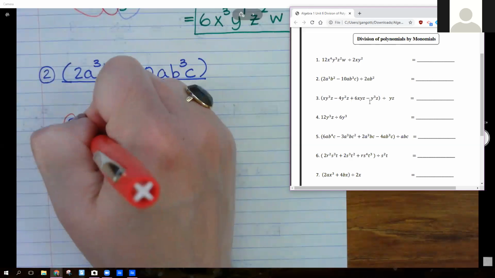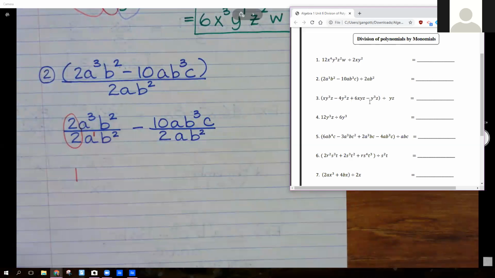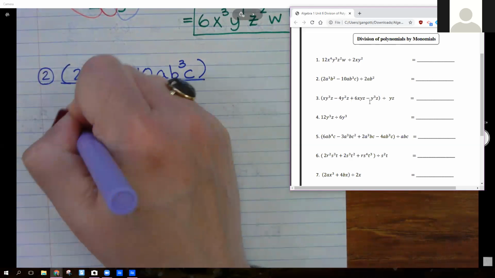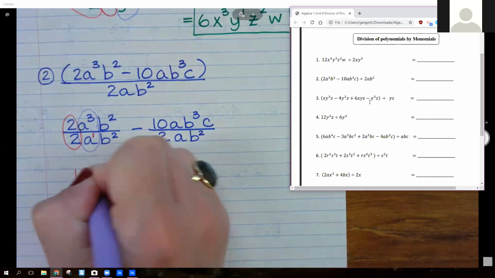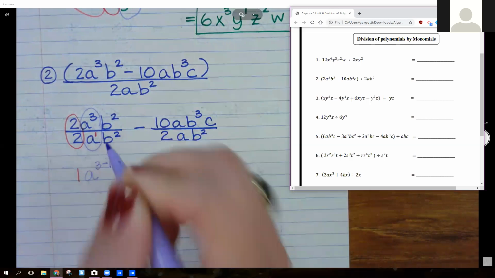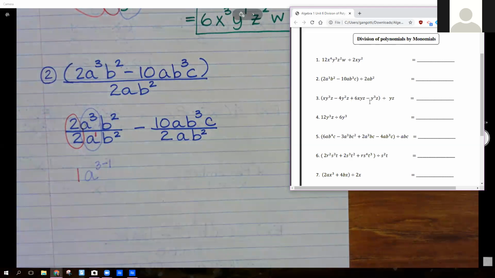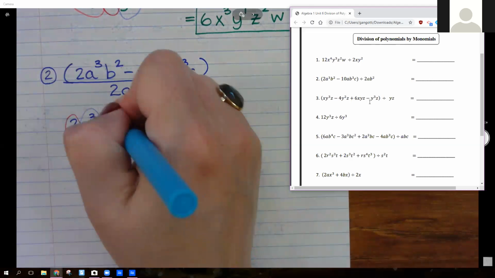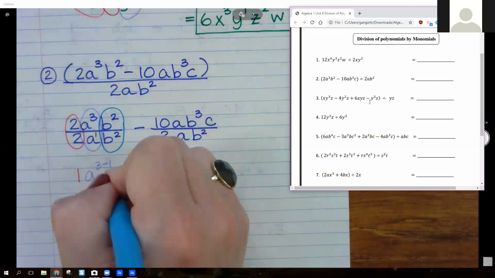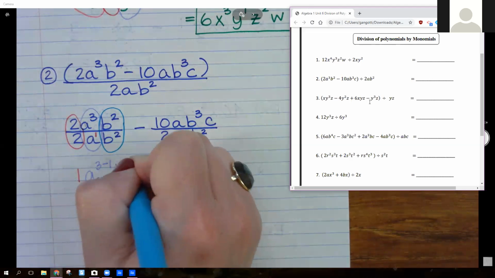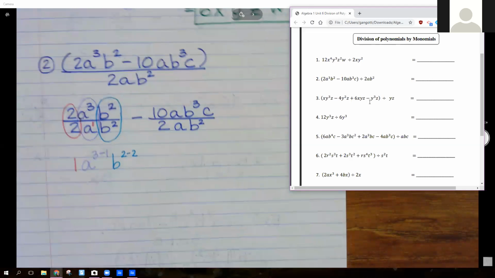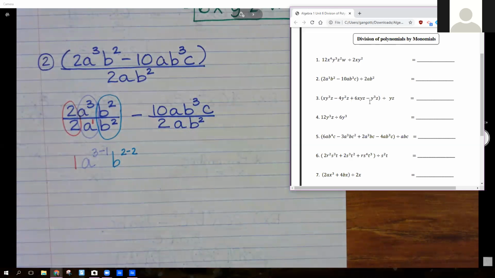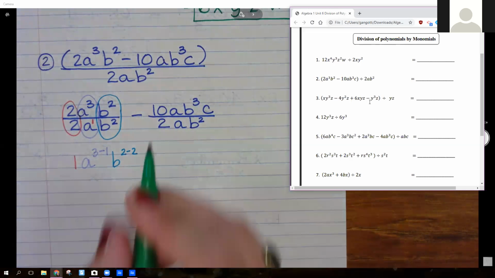And then don't forget there's a little 1 right there on that exponent for the a's. So this will be a to the 3 minus 1. And then for the b's, this will be b to the 2 minus 2. All right, we'll simplify that in a second.